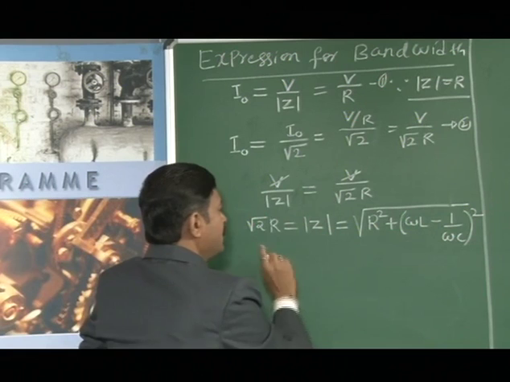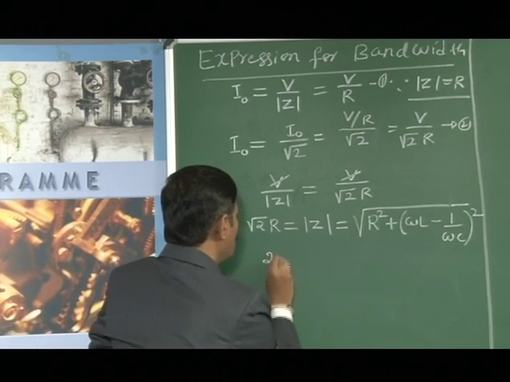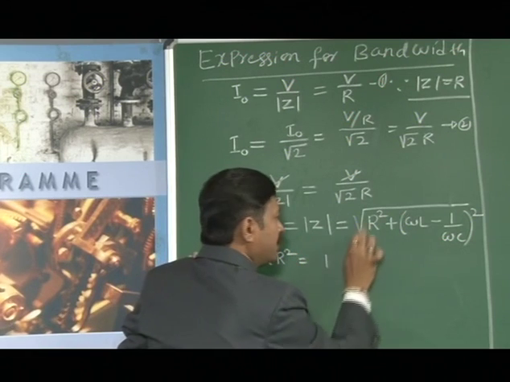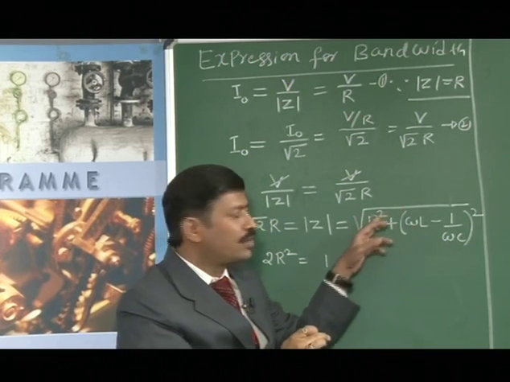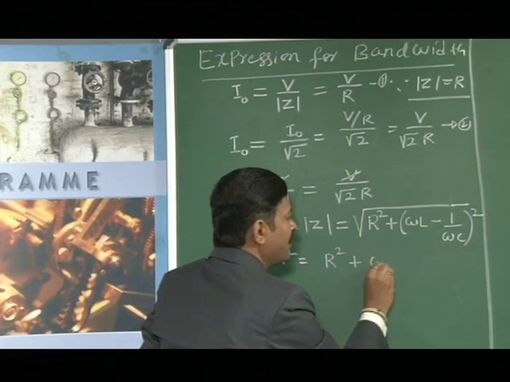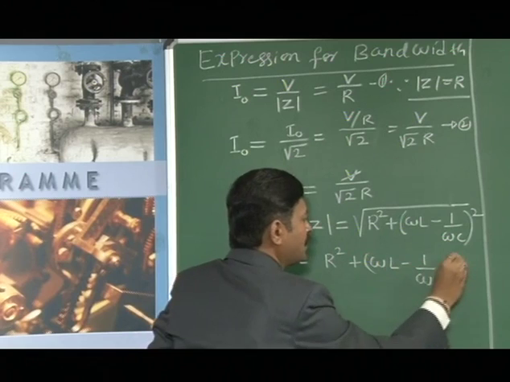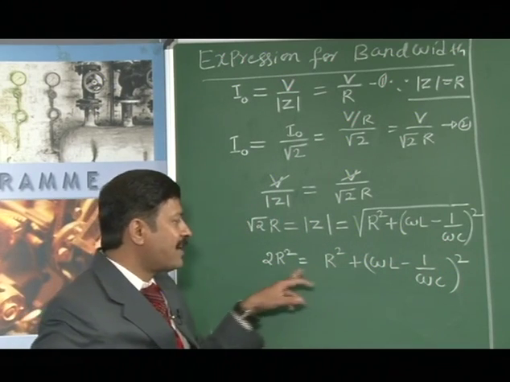Now, squaring on both sides, you will get 2R square is equal to, this root will cancel, and the expression will be R square plus (omega L minus 1 by omega C) whole square only. Send this R square to this side.